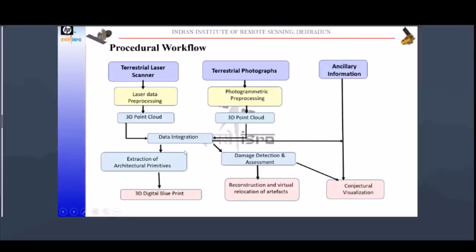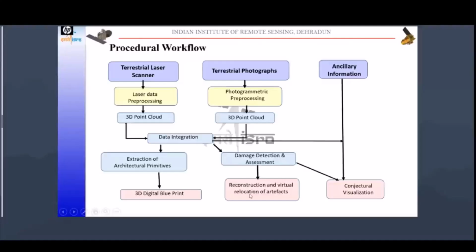Once the data has been integrated and the 3D model has been generated, you can extract architectural primitives based on samples that are available. Then damage detection and assessment studies could be done. Using the primitives, a 3D blueprint could be generated for the heritage site or the monument.